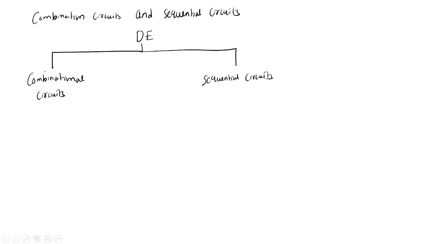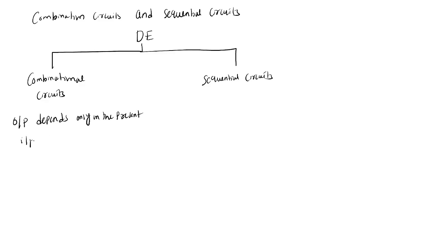Combinational circuits are nothing but circuits whose output depends only on the present input.